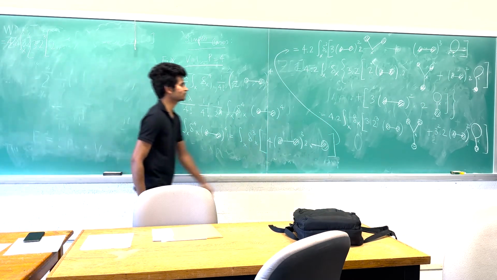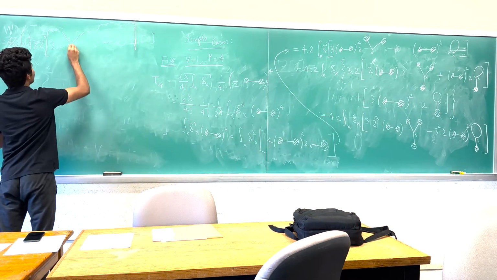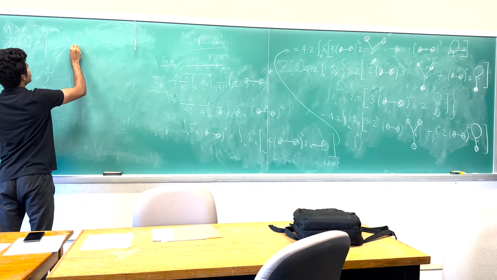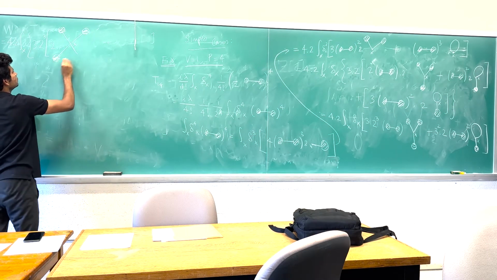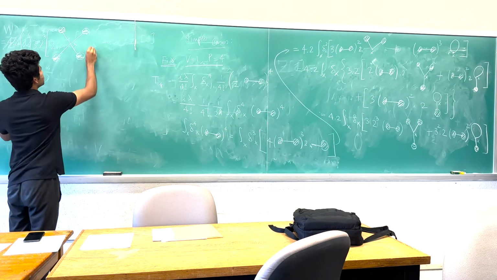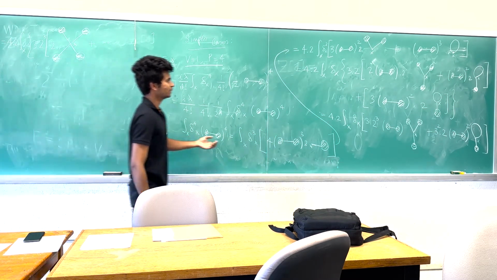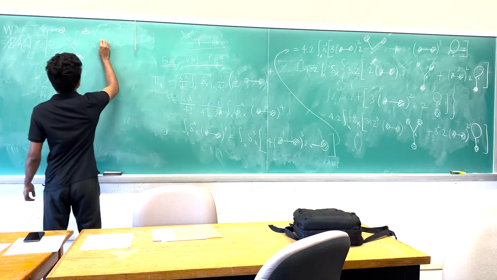If I take a derivative of this guy, I get a factor of 2, or 4. Plus, I keep this guy intact and take a derivative of the other one, which is log.